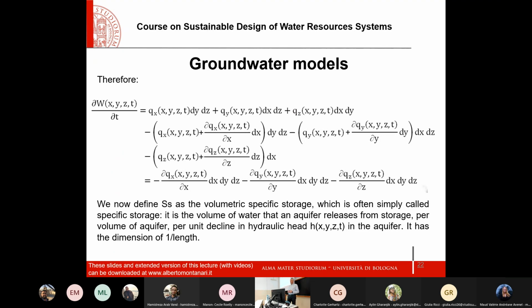How is it defined? It's the volume of water that an aquifer, a groundwater body, releases from storage per volume of aquifer, per unit decline in hydraulic head in the aquifer, which is hydraulic head is pressure.